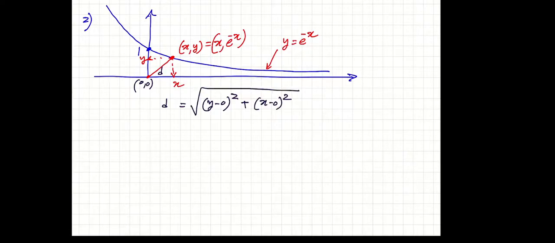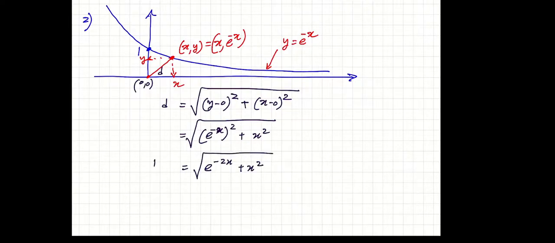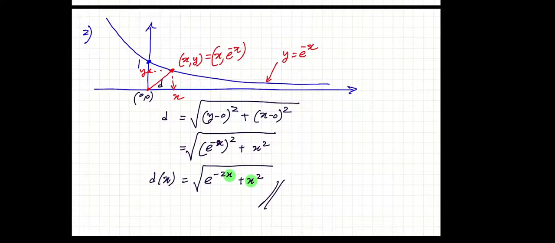So y squared is now e^(2x), plus x squared, all under the square root, right? So d is the square root of e^(2x) plus x squared. So now you understand, here you have x and x here, so that means this should be a function of x. That's the answer.